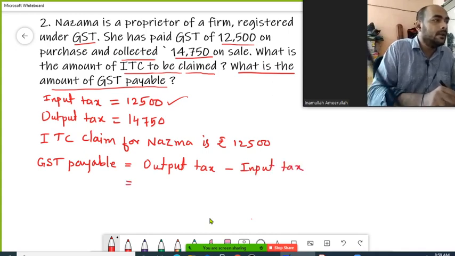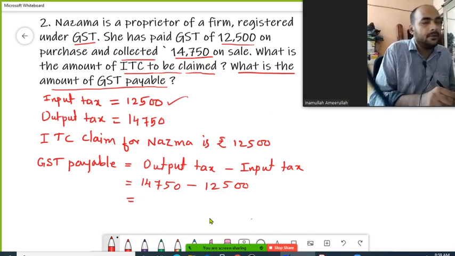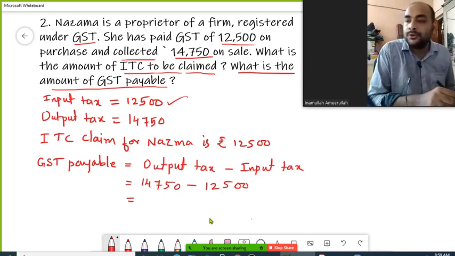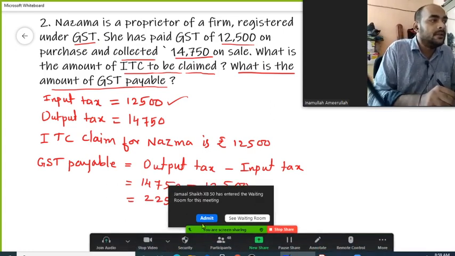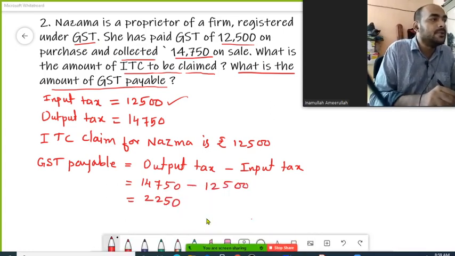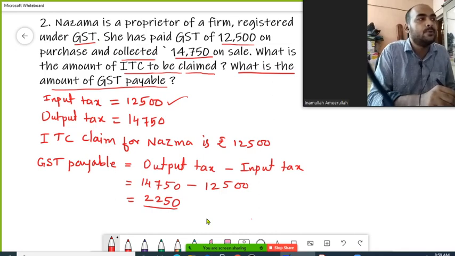Here output tax is 14,750 minus input tax 12,500. When we subtract, we have 2,250 rupees as the difference, and this difference is payable to the government. So Nazma is going to pay 2,250 rupees as GST to the government.